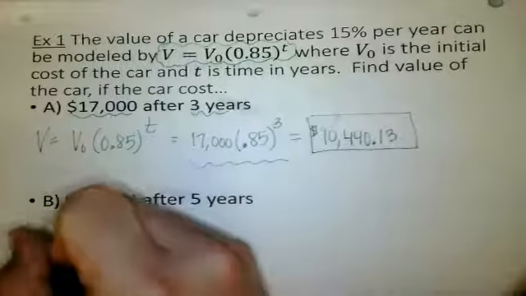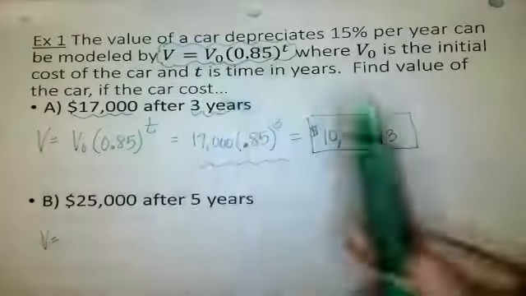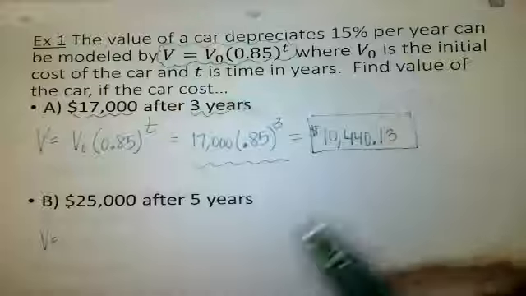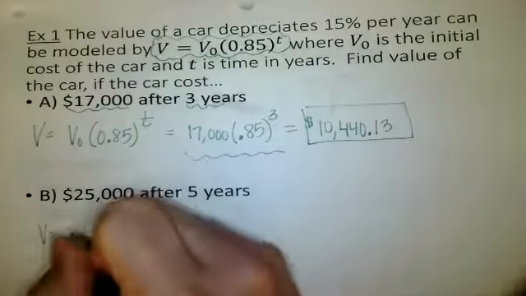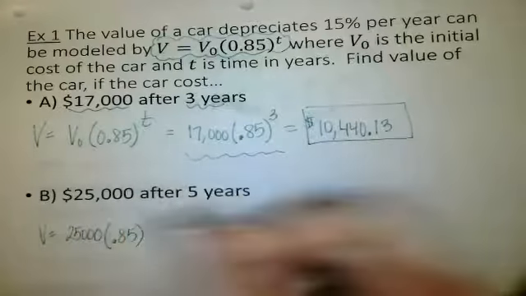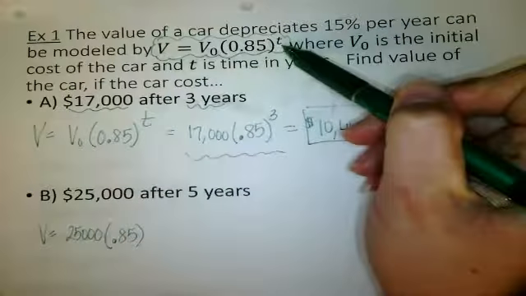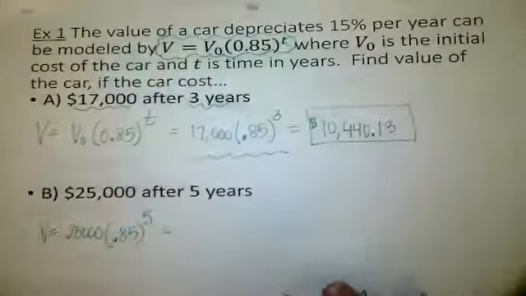All right, so V equals, what should we put in place of V naught? What is the initial cost of the car? 25,000, and then the 0.85, and what are we going to put in place of time? 5. So again, plug that into your calculator.